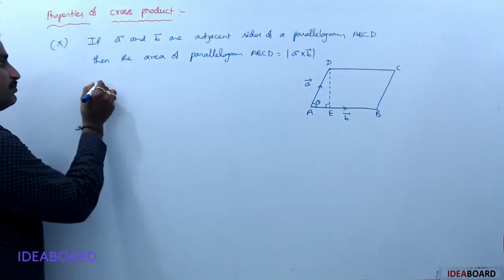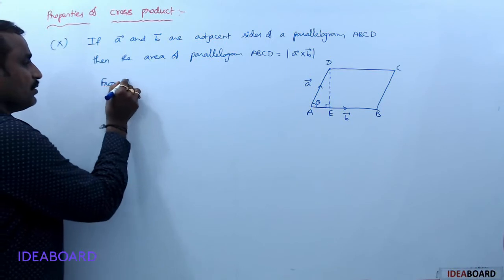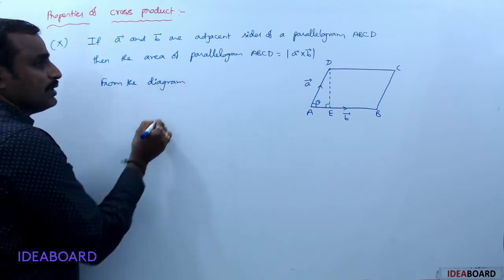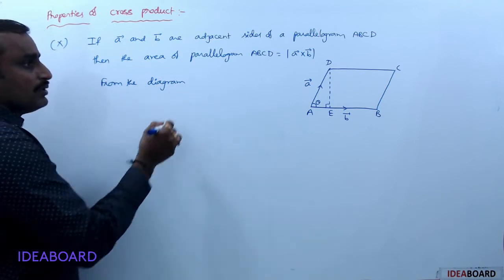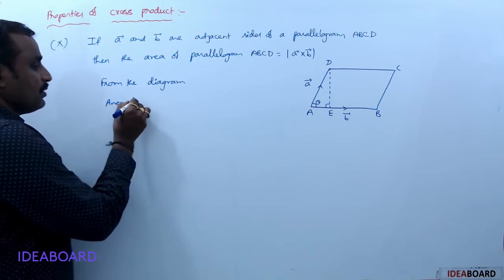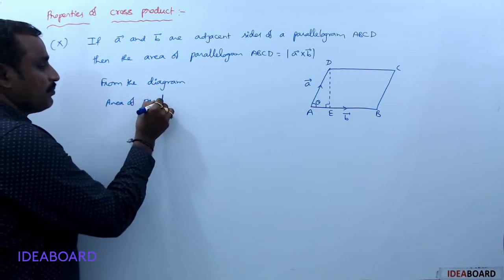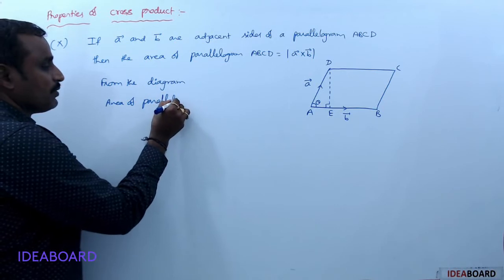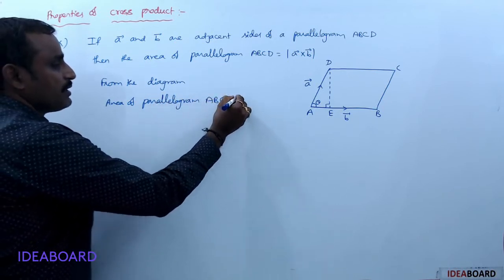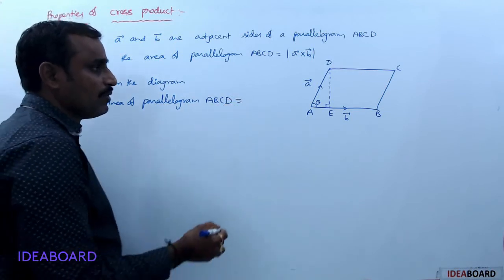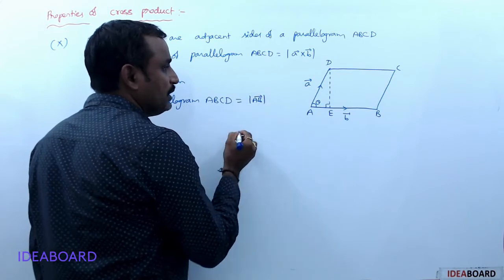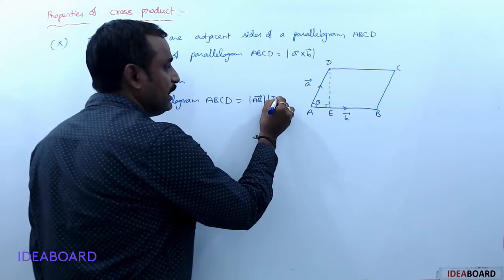From the diagram, area of parallelogram ABCD is equal to magnitude of AB bar into magnitude of DE bar.